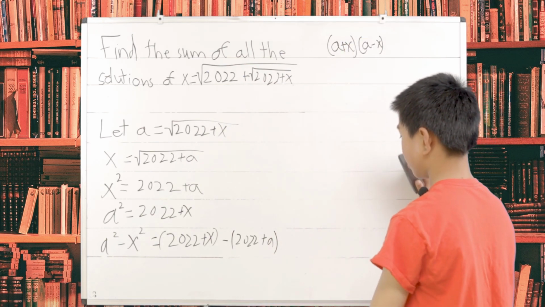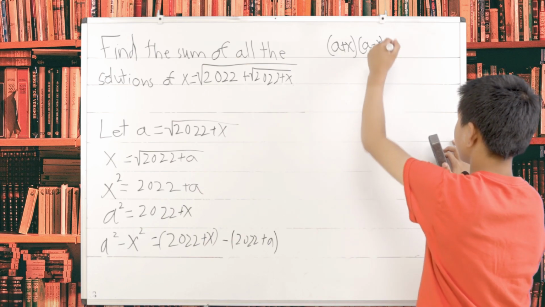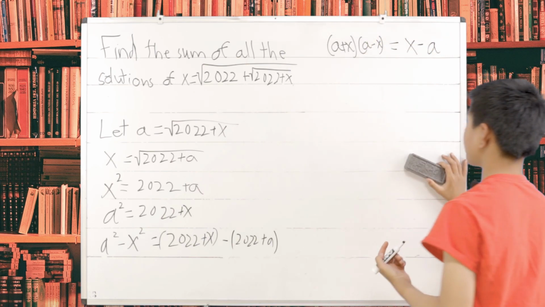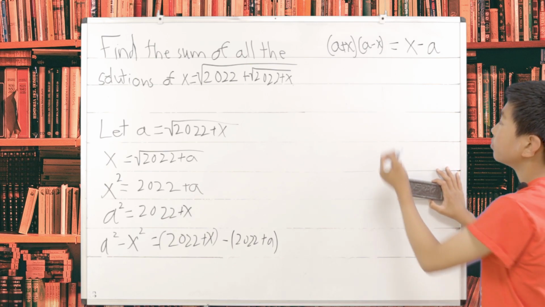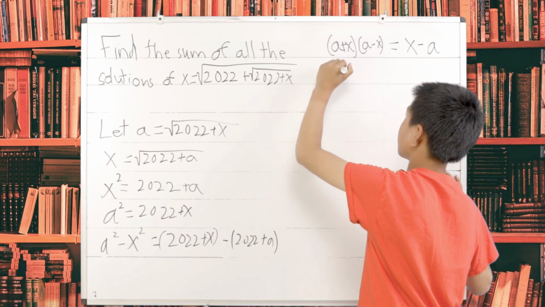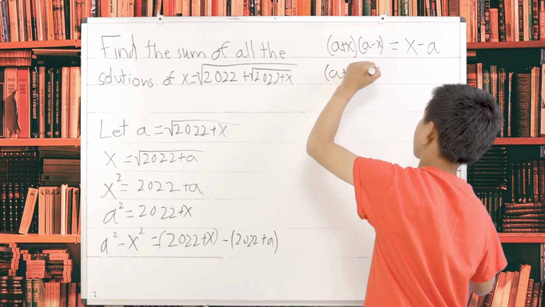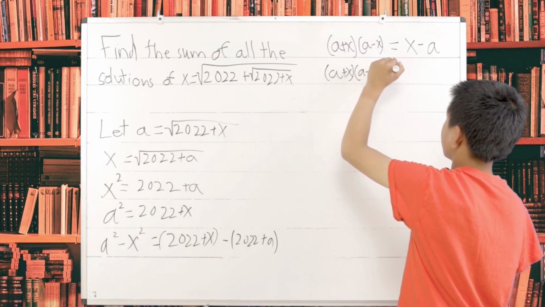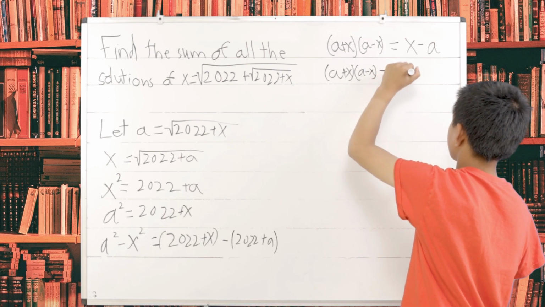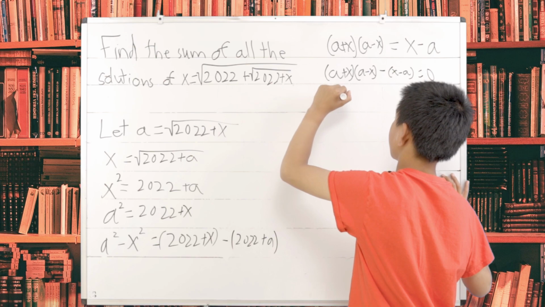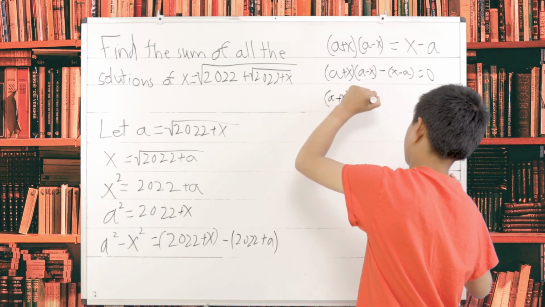Now the right-hand side, the 2022's cross out, so it's just x minus a. Now we move it to the left-hand side, so a plus x times a minus x minus x minus a is 0.